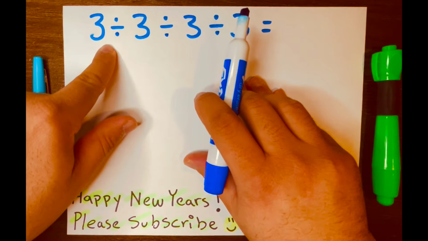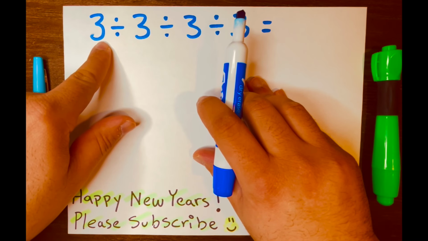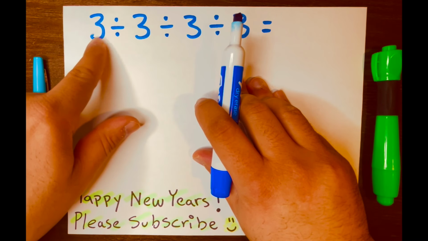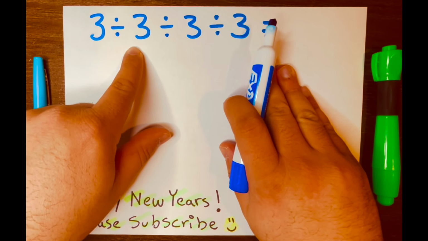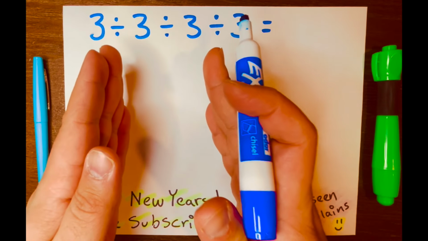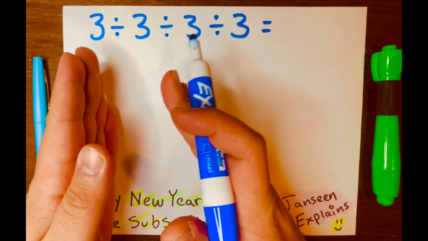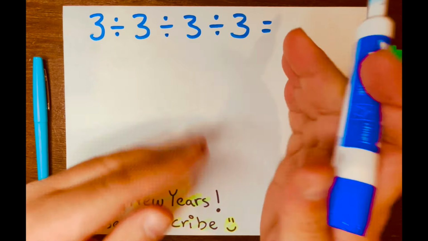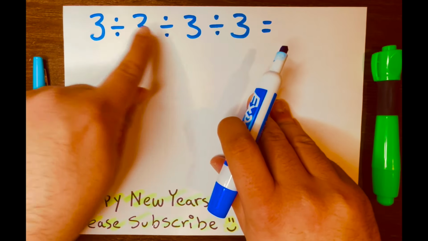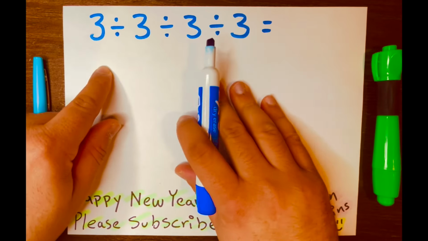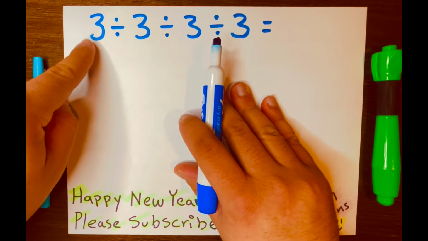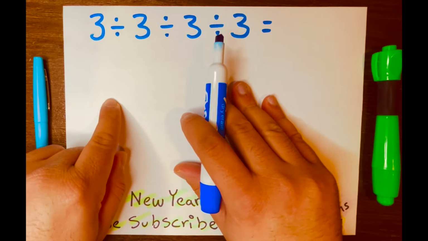All right, so the first thing I will look at is 3 divided by 3. They're all division, and according to PEMDAS, you are solving the math problem from left to right according to the levels in PEMDAS, and they're all division, so all we have to do is just work from left to right. So first things first, let's turn all these 3's into fractions.